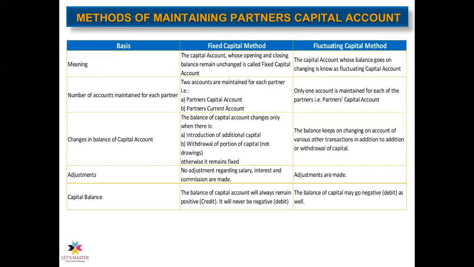It will never be a negative or debit balance in case of the fixed capital method. Whereas in case of the fluctuating capital method, the balance of the capital account may go negative, that is, it may show a debit balance. Whereas in case of the fixed capital method, the balance of the capital account will always be positive, or credit.